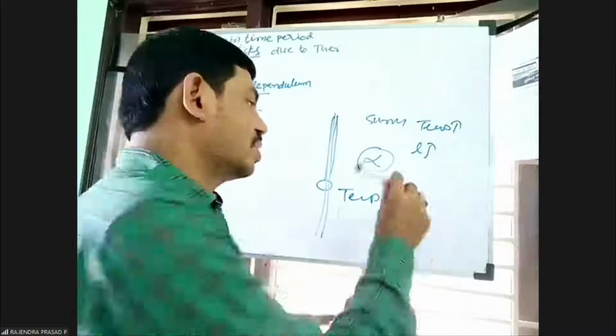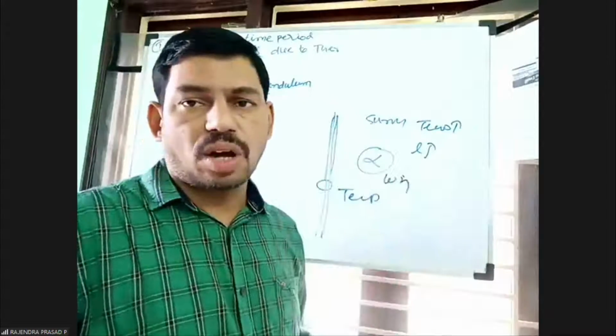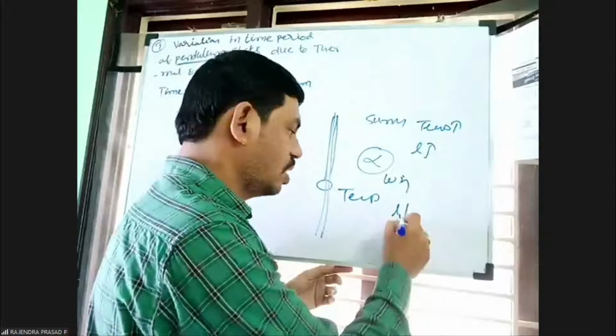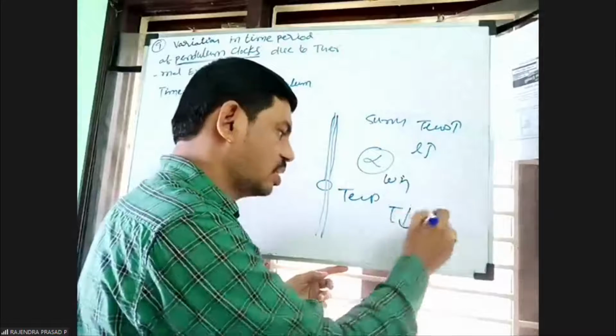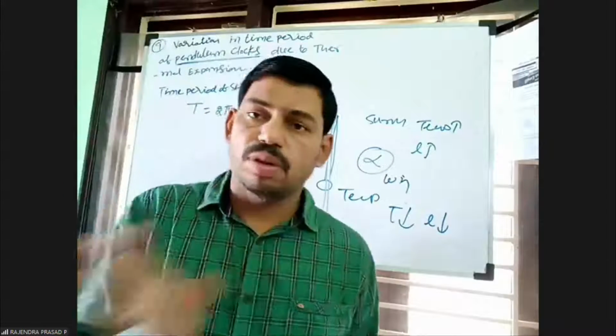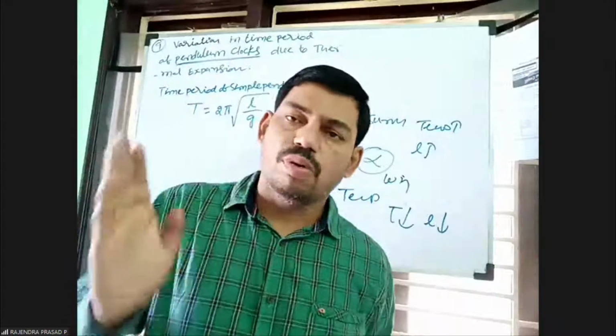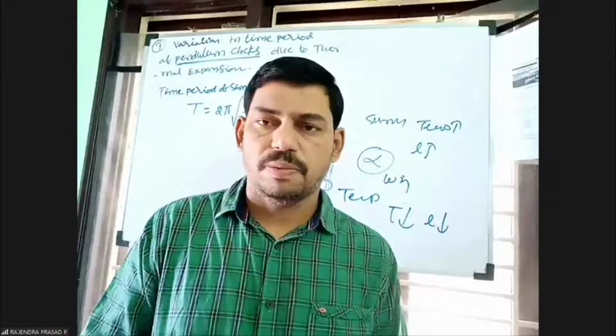So in winter season, length contracts. L decreases, so temperature decreases, length also decreases. So pendulum oscillates fast.